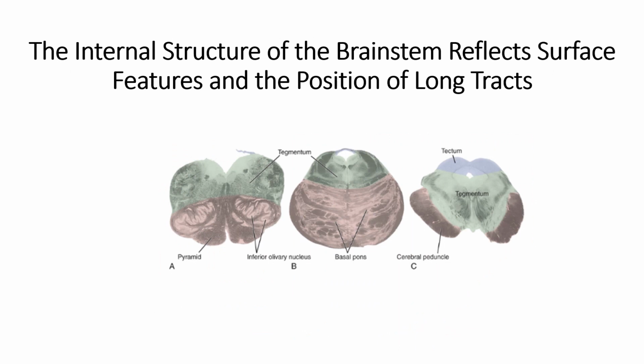A little bit of the internal structures of the brainstem. Okay, so it reflects our surface features and the position of some of these long tracts. So we can see over here, the inferior olivary nuclei on the left. That is one of the things that we look for first when we're just trying to get our bearings here. Right, so if this wasn't labeled, you could see that this would stick out, right? So this kind of dentate looking structure. That's the inferior olivary nucleus. I know I'm in the medulla when I see that.